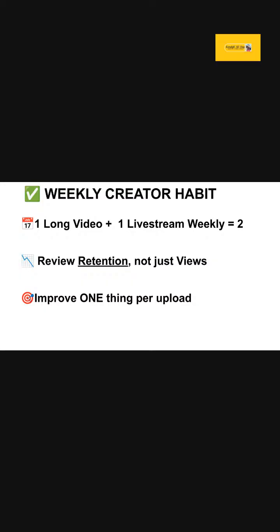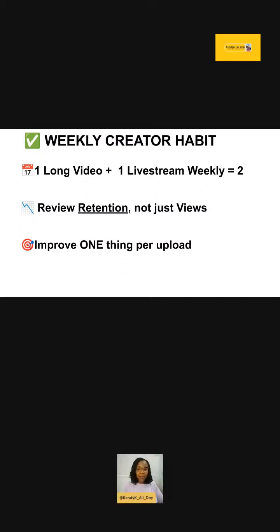And friends, I just need to be honest with you, though, it'll barely keep you in the algorithm. Okay. But when we talk about the big things that you need to do, 2 big things a week to keep your channel growing. 2 long format videos, or 2 live streams, or 1 of each at least. And that'll keep you in the algorithm. It'll barely keep you in there, but you'll still be in the algorithm.